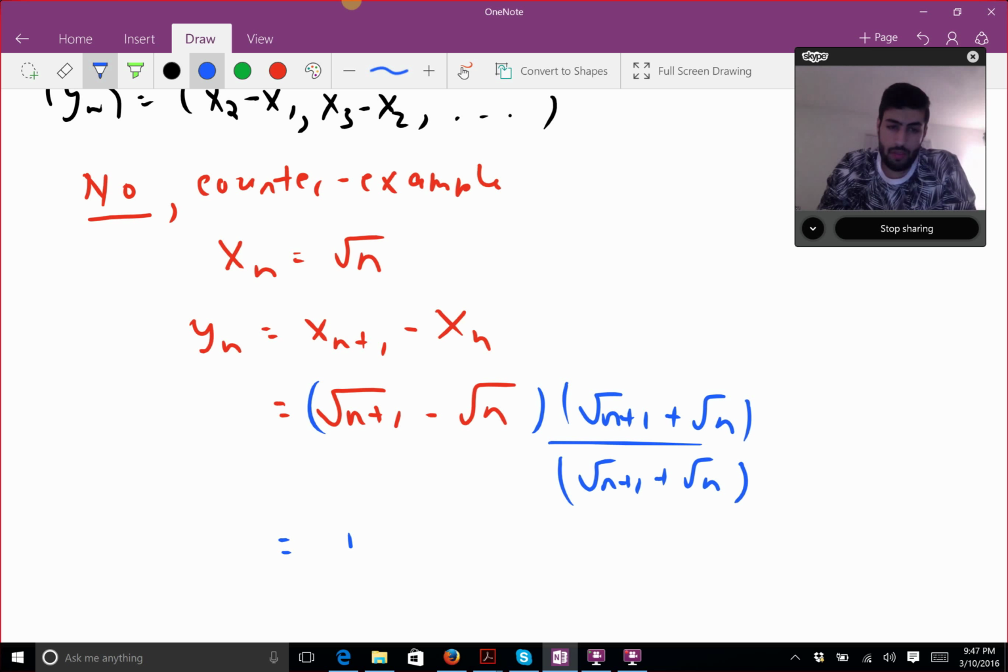When I do that, I get n plus 1 minus n, because this looks like a minus b times a plus b, which is a squared minus b squared. And so these n's cancel, and I get this.